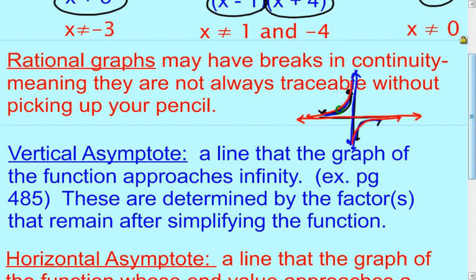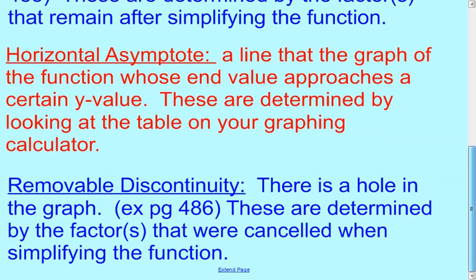There's literally going to be a spot, let's say right here, where the graph does not have a specific value. Not an asymptote, not a line that it approaches, but a hole. And that's a point of removable discontinuity. So those are some ways that discontinuity shows up: vertical asymptotes, horizontal asymptotes, or a point of removable discontinuity.